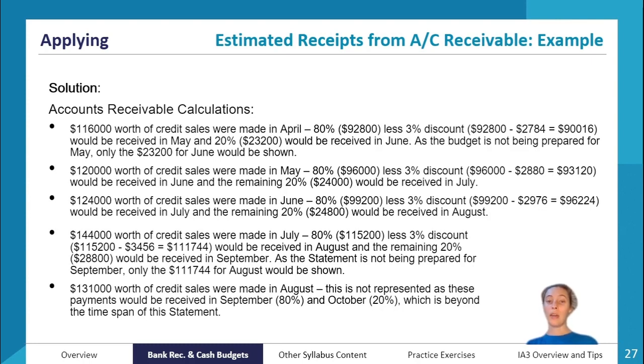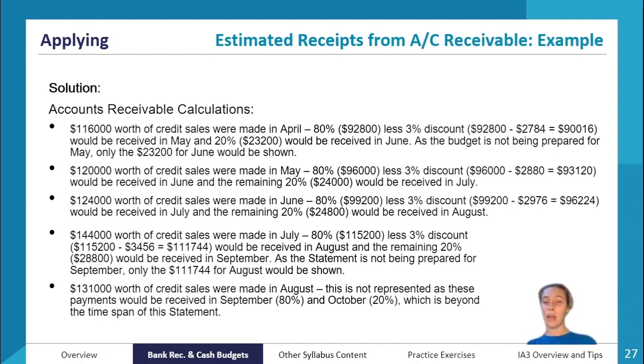So we've taken that, we've found 80% of 116,000 to start with. That was 92,800. And then we're applying the other information we've been given. We were told that those people who paid the business in the month following sale would be entitled to that 3% discount.